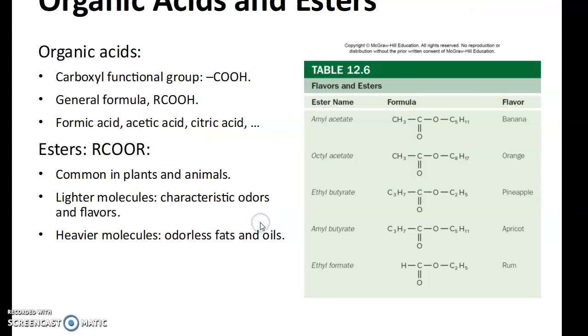Okay? Now, organic acids and esters. We've talked about organic acids and how they are weak acids. In other words, you can take this hydrogen away to some extent, but not entirely. The general formula for that is RCOOH. Formic acid comes from the sting of ants. Acetic acid, that's the vinegar. Citric acid. These are all different organic acids.